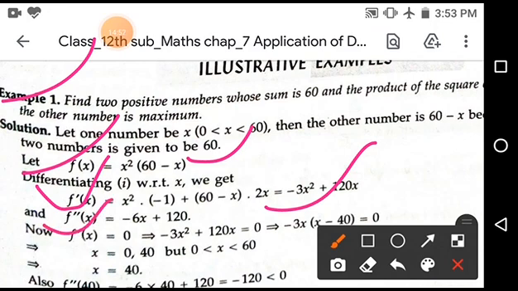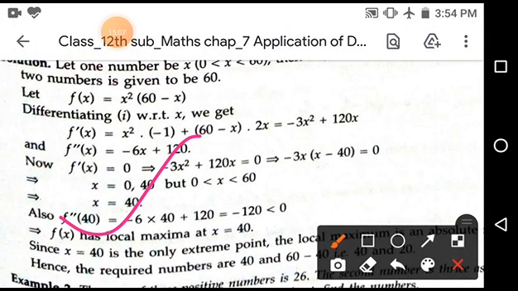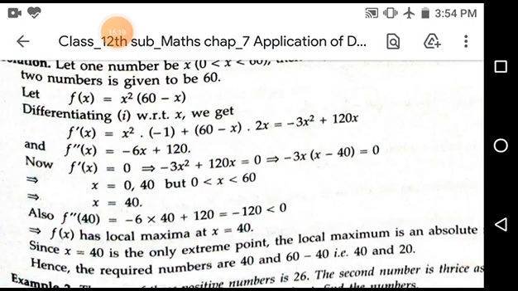Again differentiating, we get minus 6x plus 120. Now equate f dash x equals to 0, we get x equals to 40. That means if x equals 40 is the first number, then the second number will be 20, because the sum of two numbers is 60. Clear? So f has a local maximum at x equals 40.